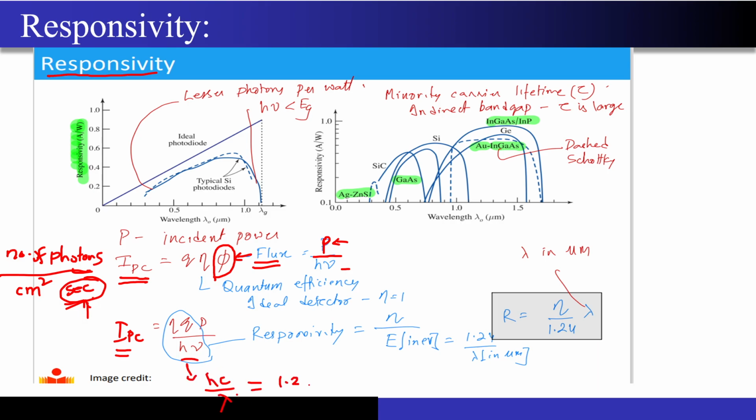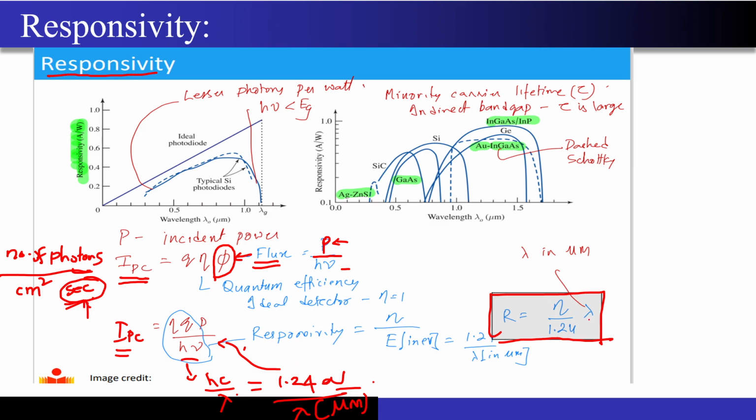I can also write it as 1.24 electron volt divided by lambda in micrometer, correct? If I write it like this and substitute this h nu back over here, then ultimately you will see that the responsivity will come out to be this efficiency times lambda divided by 1.24, correct?